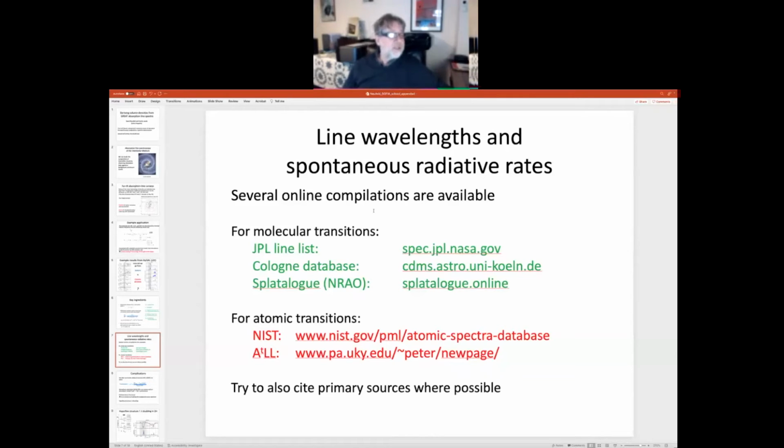And then for atomic transitions, one can find these data in a database maintained by NIST, the National Institute for Standards and Technology, and also an atomic line list maintained at the University of Kentucky. So these are very valuable for searching to determine the identification of unknown spectral features as well.